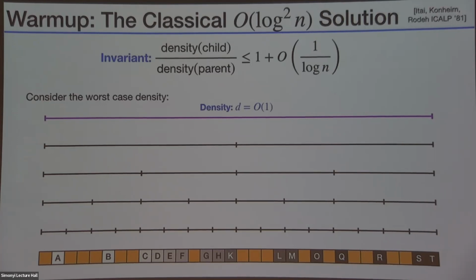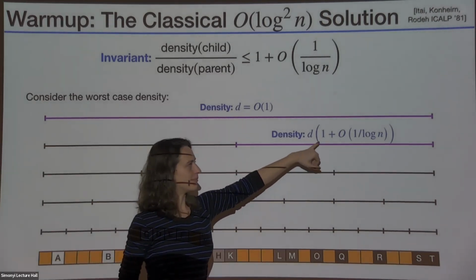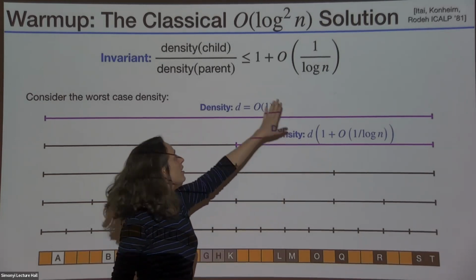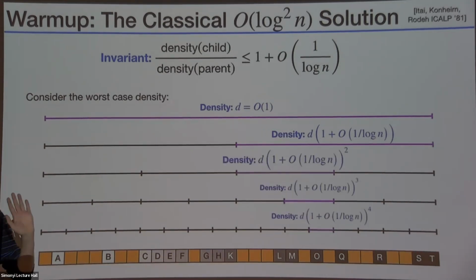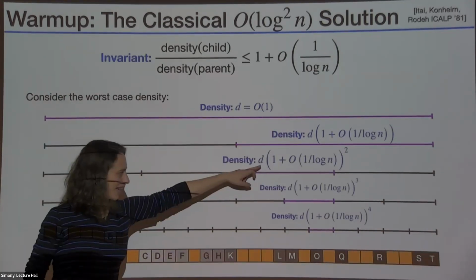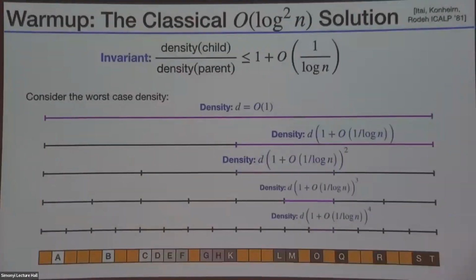Then we consider the densest possible thing the child could have. It's going to be the original density times 1 plus 1 over log, from the definition of the invariant. And as we go down, we get another one of these 1 plus 1 over log factors until we get to the bottom.